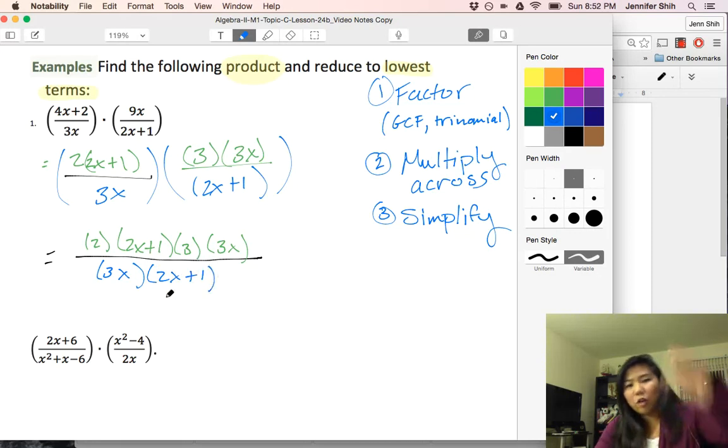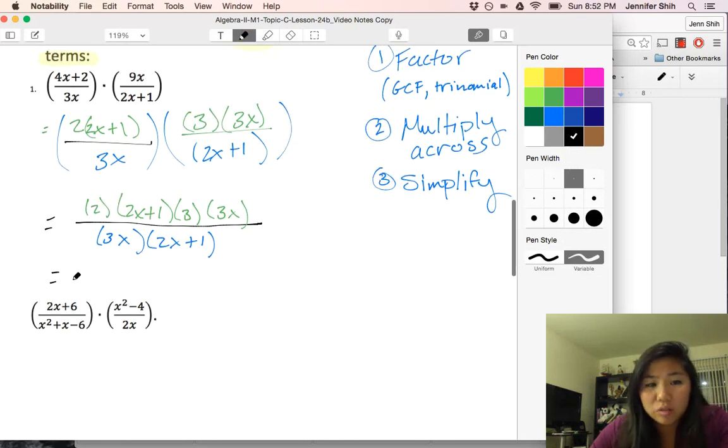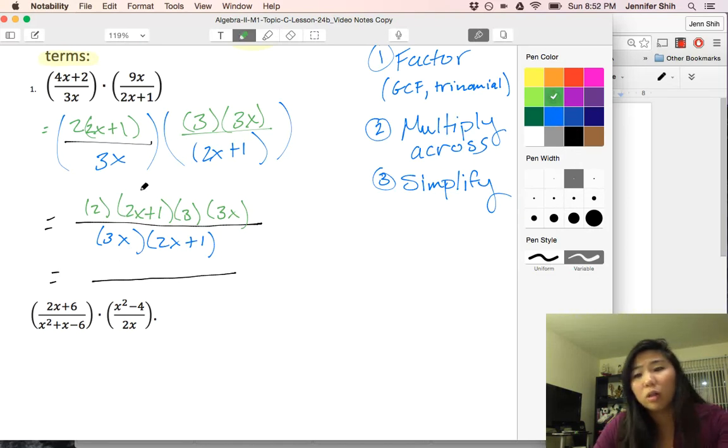Instead of crossing here and maybe crossing here and then losing track of my factors, the best practice that you can do right now to improve your skills is to stay organized, and you're going to rewrite this expression once more. And you are going to rewrite it so that all of the factors that you want to simplify using the property of 1, you're going to line up.